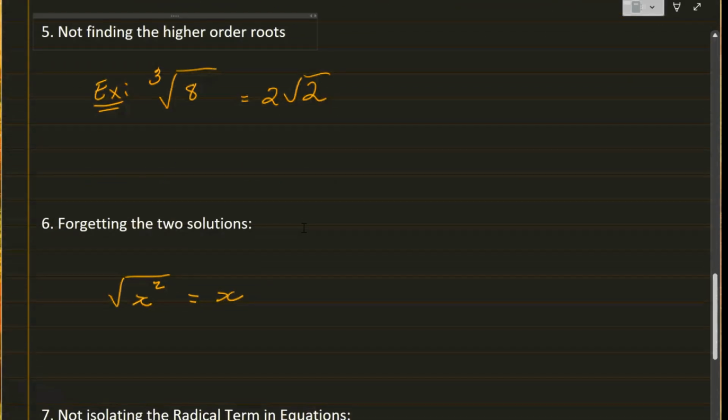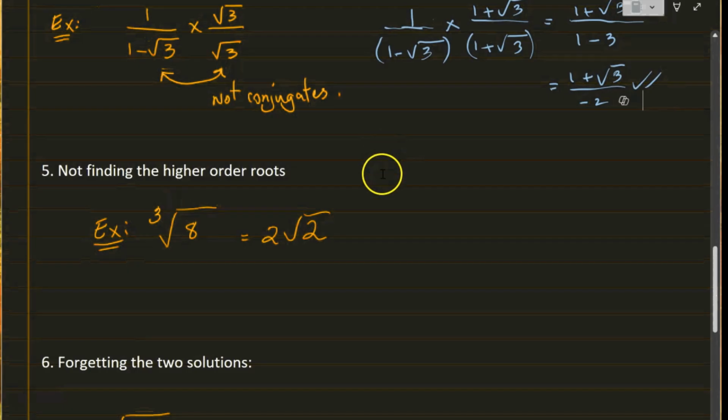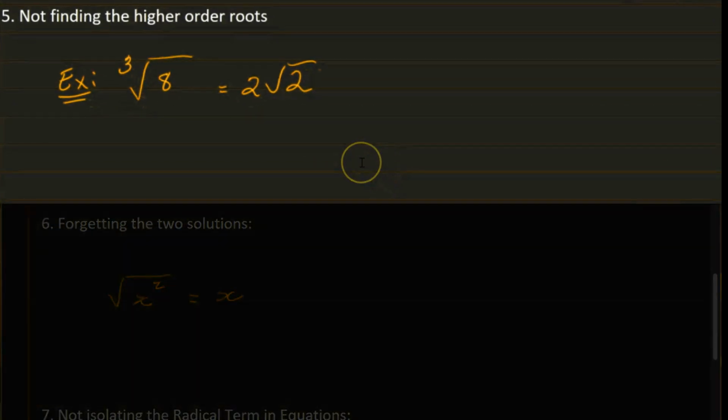Number 5, not finding the higher order roots. This is usually confusing for most students. So when I ask them to simplify cube root of 8, they just treat it as a square root. So they just say, oh, this is just square root of 8, and then they simplify it as 2 root 2.